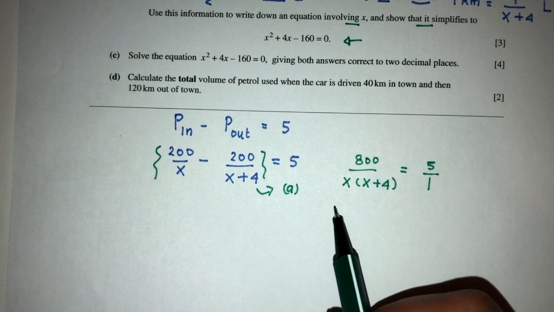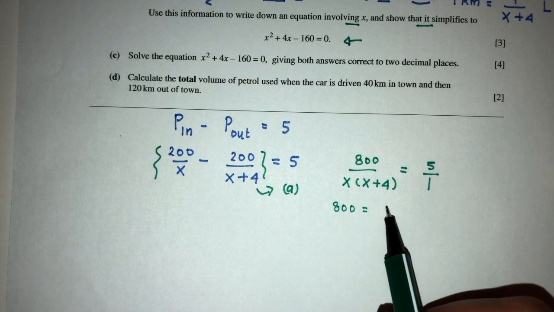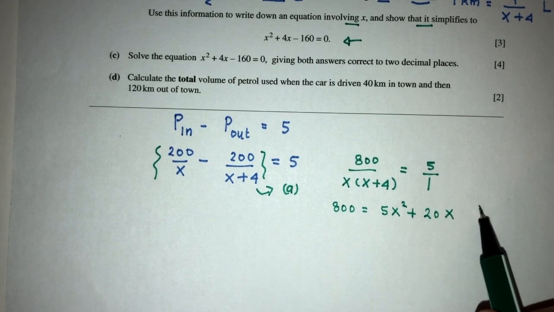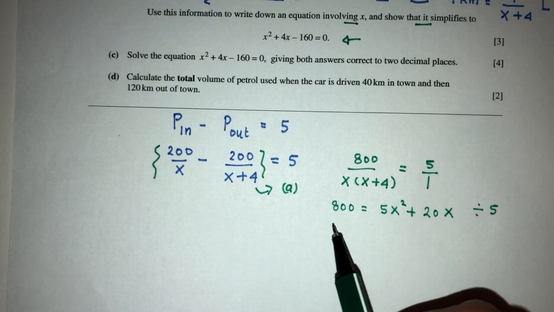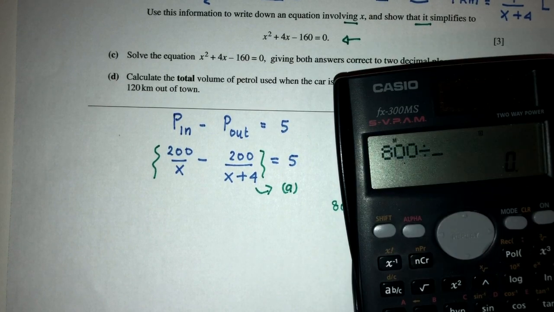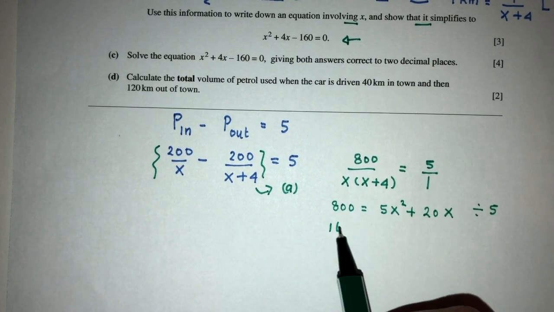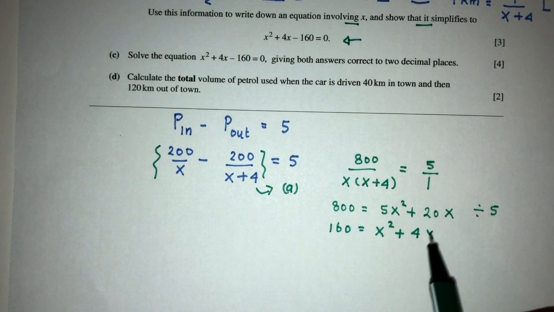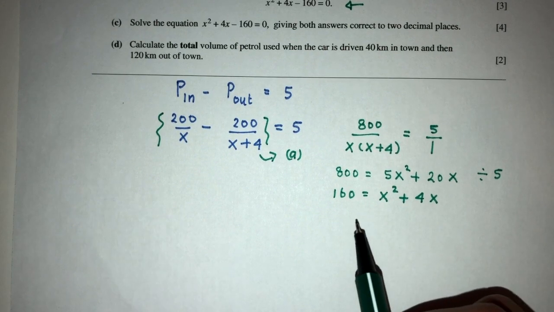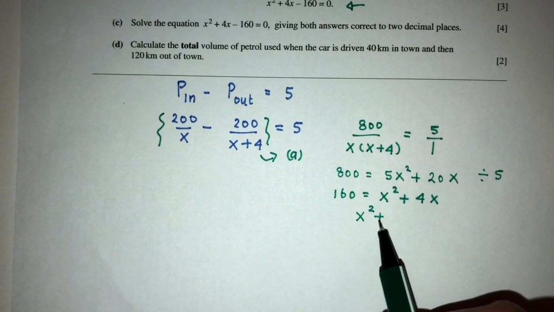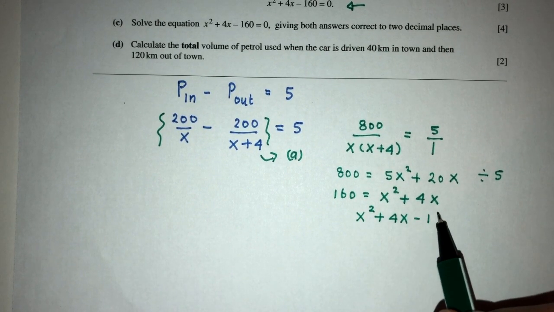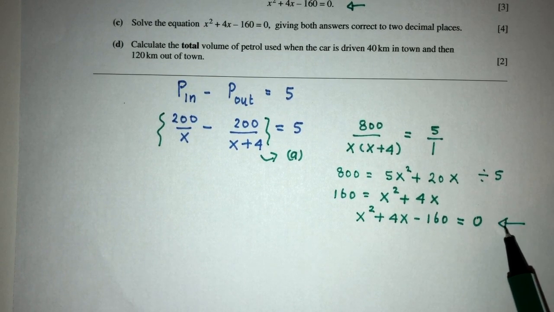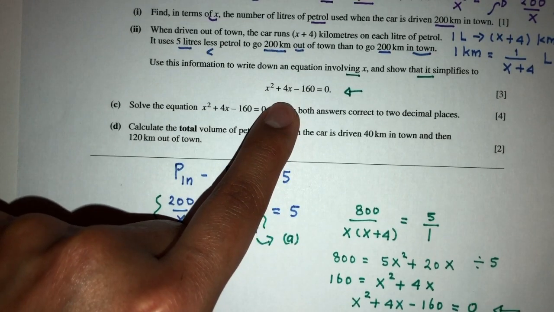Cross multiply, you will have 800 is 5x squared plus 20x. Divide by 5, you will have 160 is x squared plus 4x. Now send everything to one side, you will have x squared plus 4x minus 160 is 0. And this is shown as required, same as this.